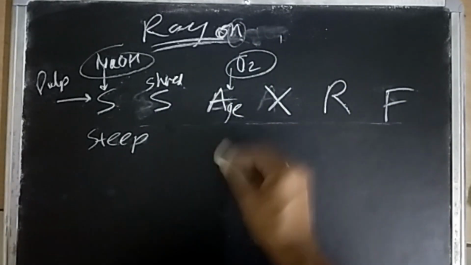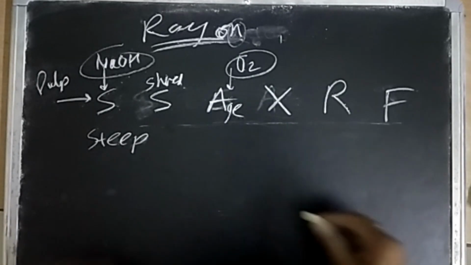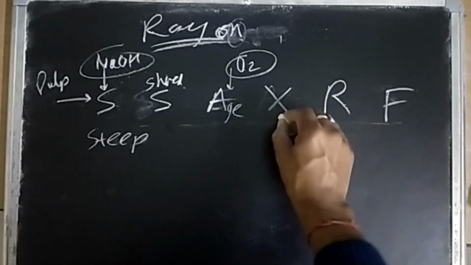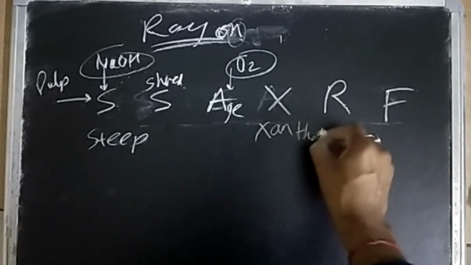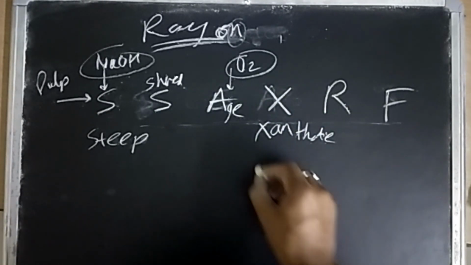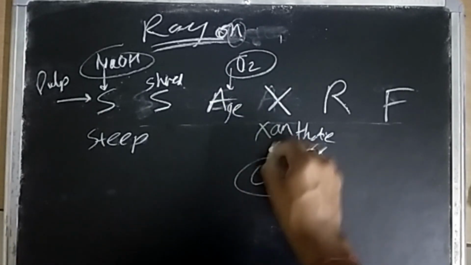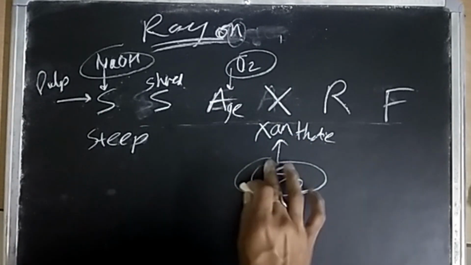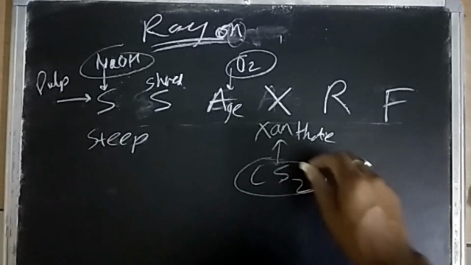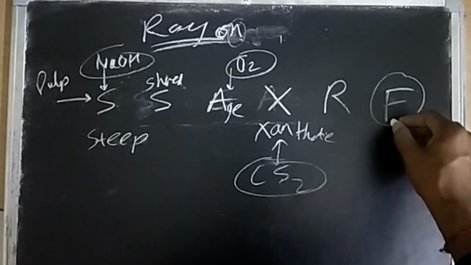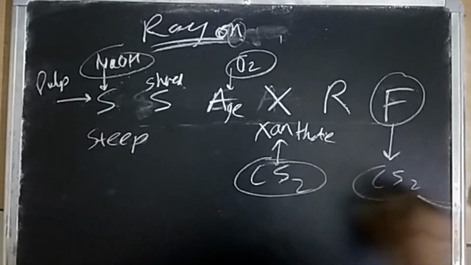Aging happens for like 1 or 2 days, and then xanthation, in which the xanthate, CS2, is added. There is no way to remember this; you have to remember carbon disulfide, CS2, is added, while the filter will actually give back CS2.